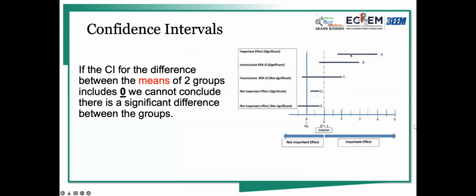And to know that, and I'm talking about statistical difference, we look at the means of the two groups. For example, here we have group C and group E, and we want to know if these are actually statistically significant. And the way to do that is if the value 0 crosses the confidence interval.